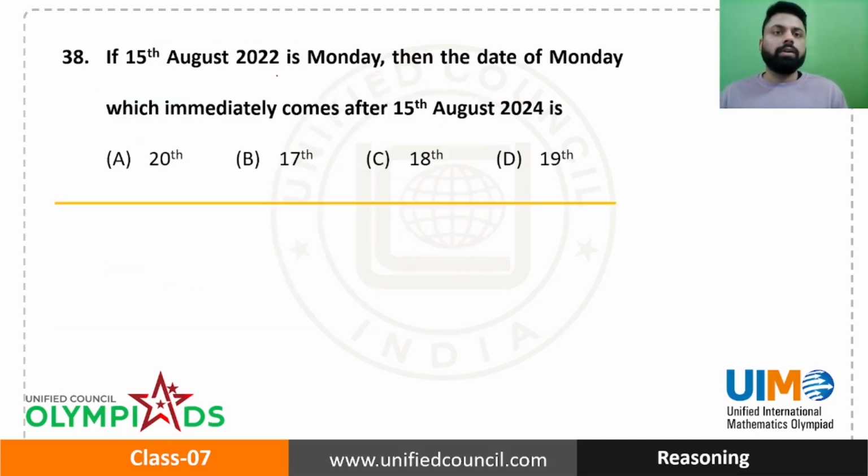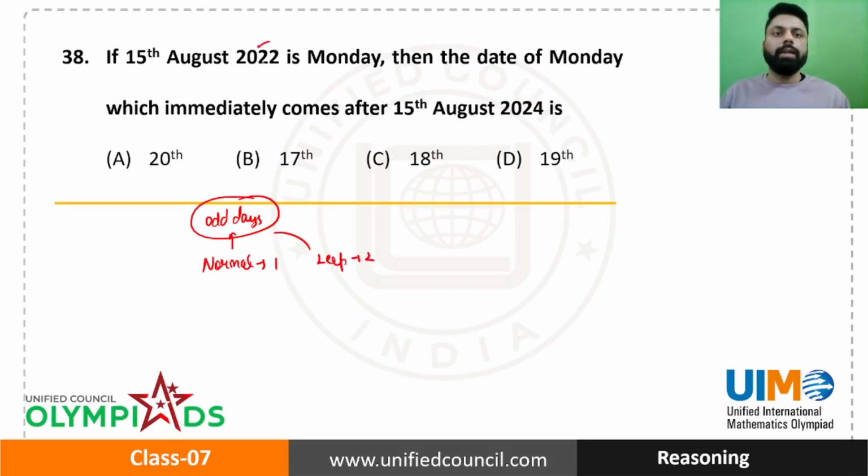Next one, if 15th August 2022 is Monday, then what is the date of the Monday which immediately comes after 15th August 2024? So see, we know about the number of odd days in a year. For a normal year, it's 1. For a leap year, it's 2.